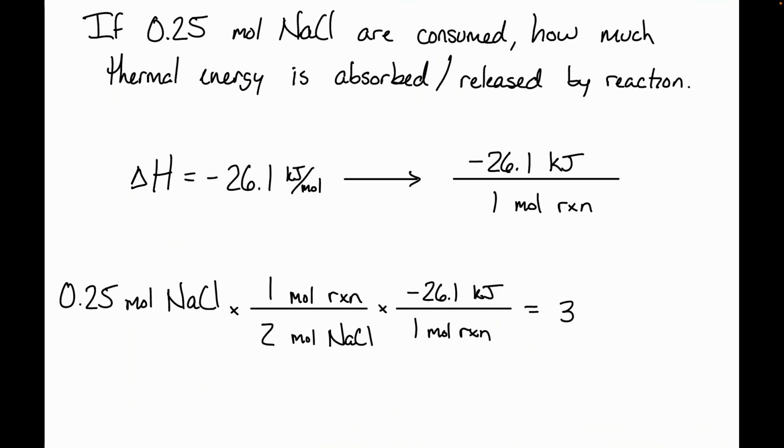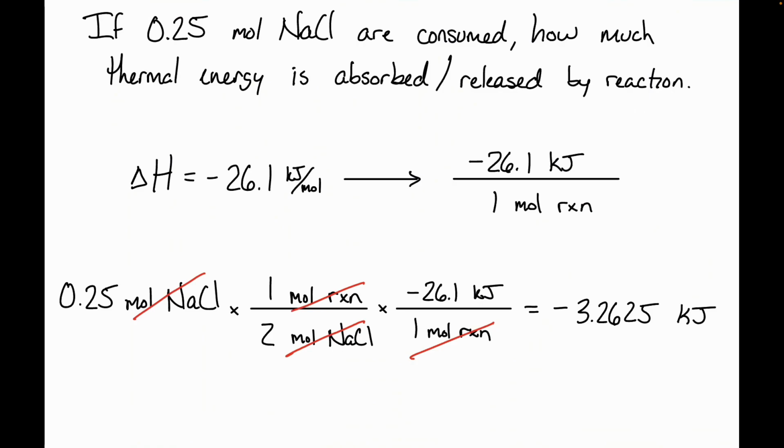If we punch this in here, we're going to get negative 3.2625. What are my units here? Kilojoules, because the moles have now canceled out. My mole of reaction has canceled out. So this is how many kilojoules of thermal energy are going to be either absorbed or released by this reaction.